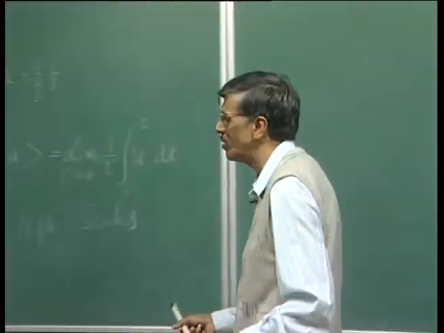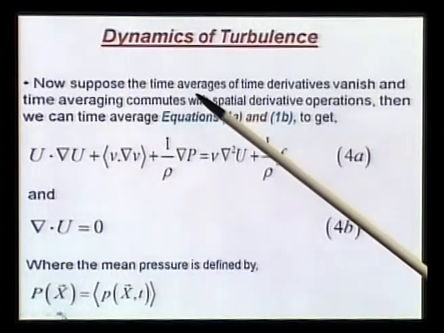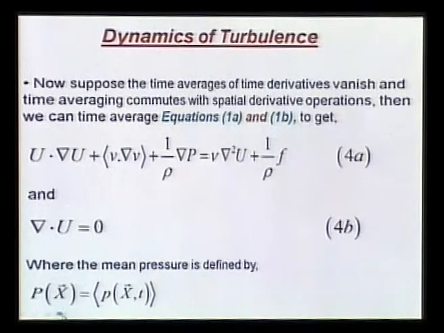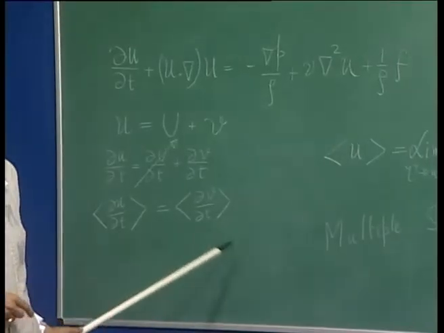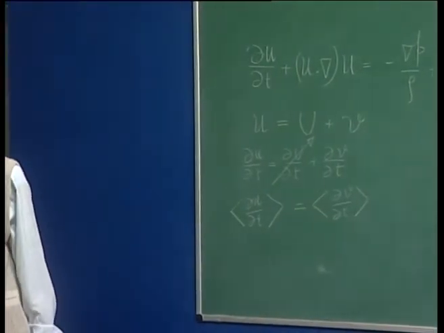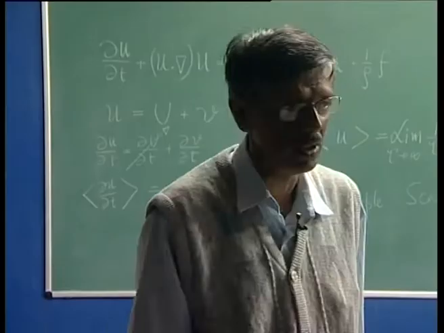So, this is what we are talking about, the supposition that if we are looking at the time averaged quantities associated with the time derivative, this fluctuation, the derivative, where would it come from? It would of course come from those high frequency fluctuations. That is what rapid time variation is about.